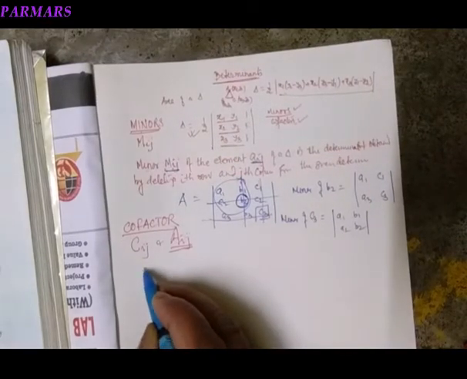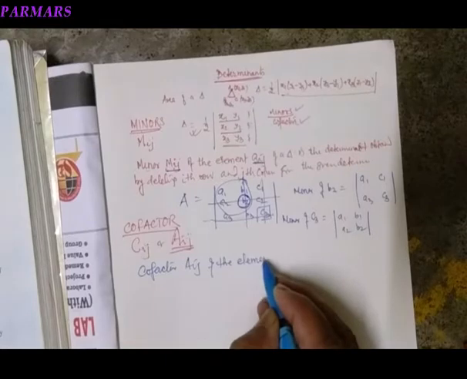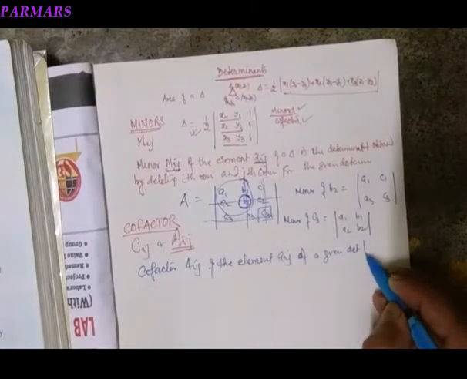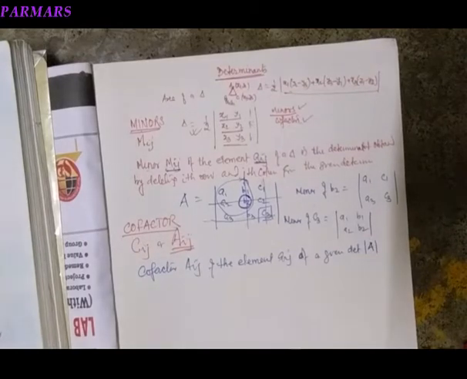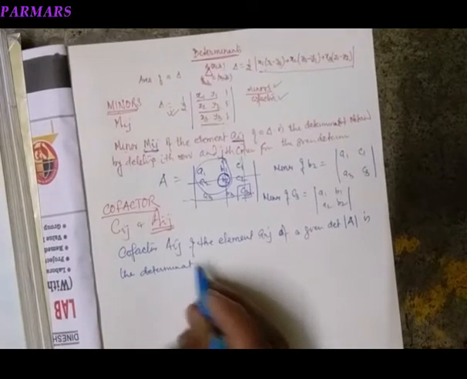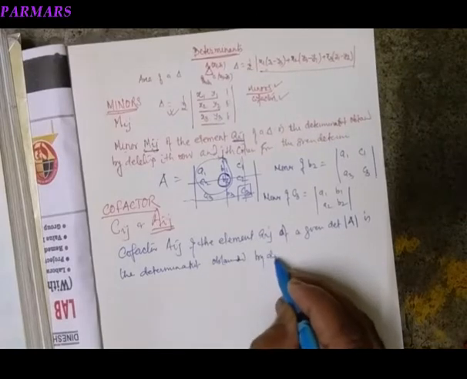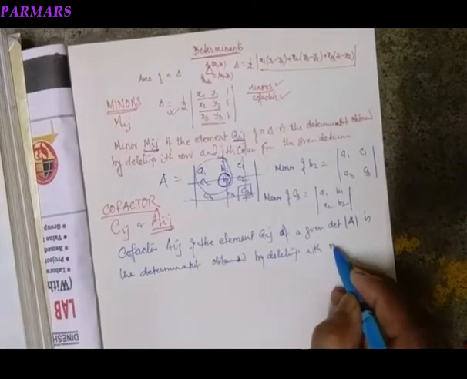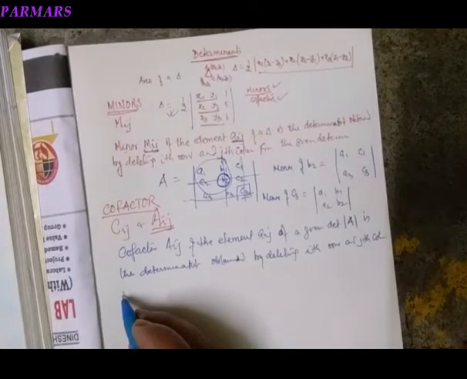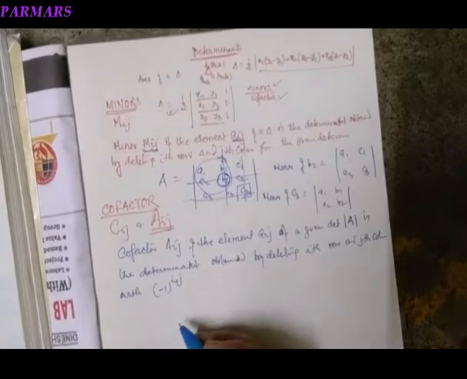Now the cofactor Aij of the element aij of a given determinant is obtained by the same process, by deleting the ith row and jth column, and with (-1) to the power i plus j as a multiple.